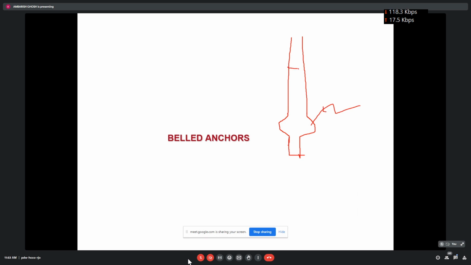Suppose this diameter is D, and here the enlarged diameter will be there. As you know, in expansive soil the piles may be subjected to uplift, and these projected areas will enhance the capacity. This you can see in the book.